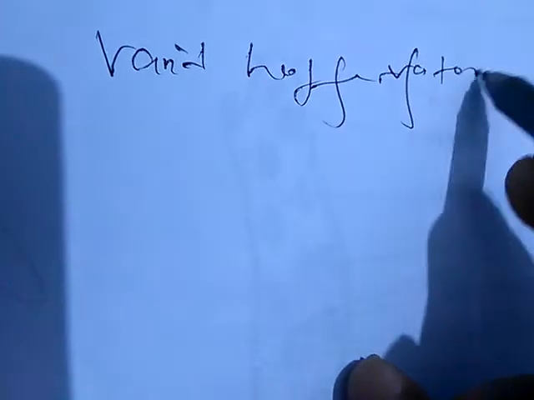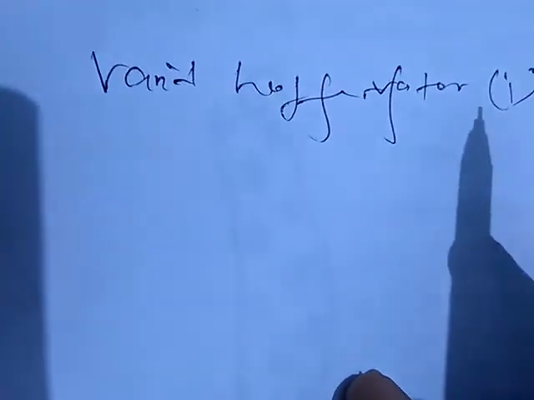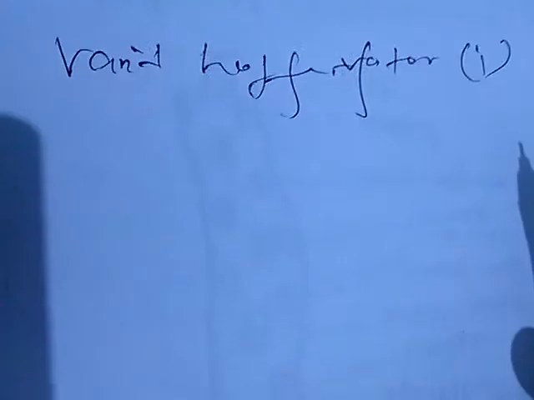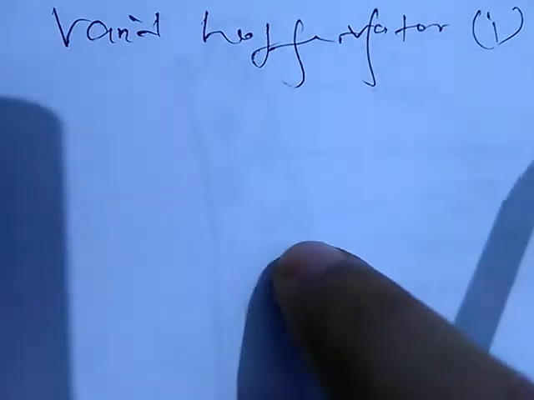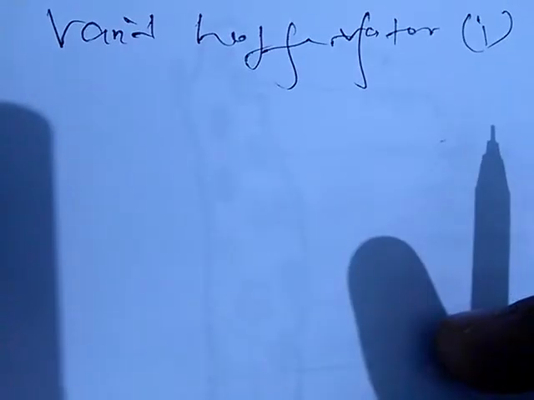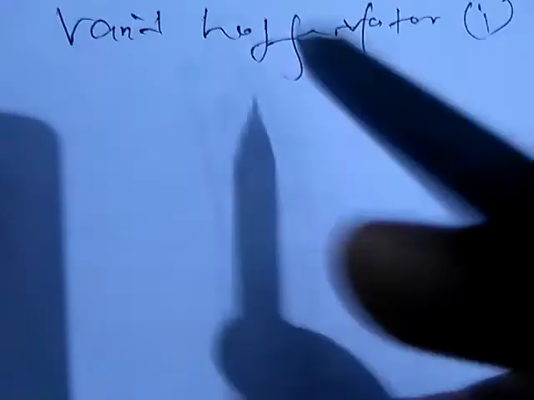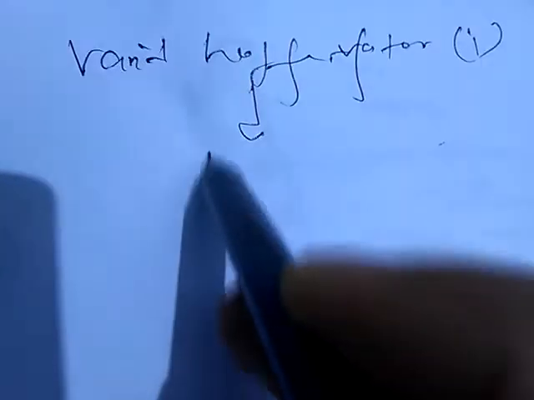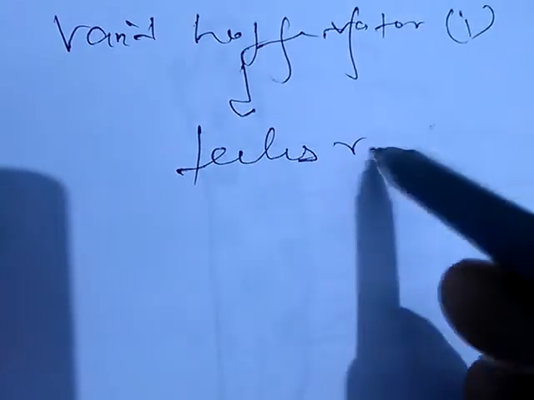Now one important term over here is Van 't Hoff's factor, denoted by small i. This Van 't Hoff factor tells about the relation between the normal colligative property and the abnormal colligative property.